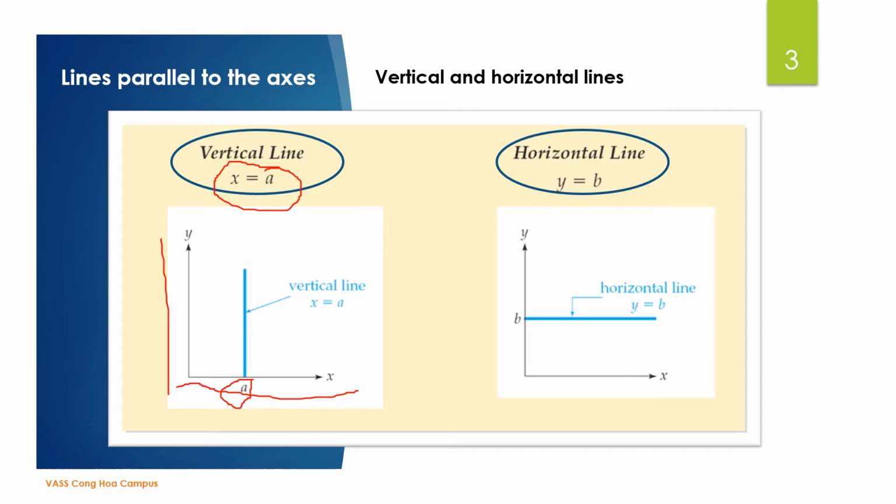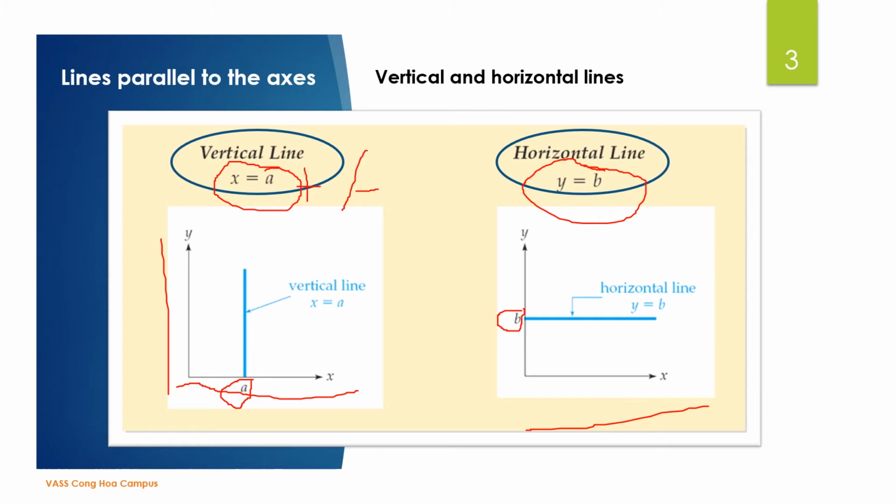along the x-axis. Second part, horizontal lines are parallel lines to the x-axis. And the equation for these lines usually is y equals b. B can be any number on the y-axis. So the number here can be positive or negative.